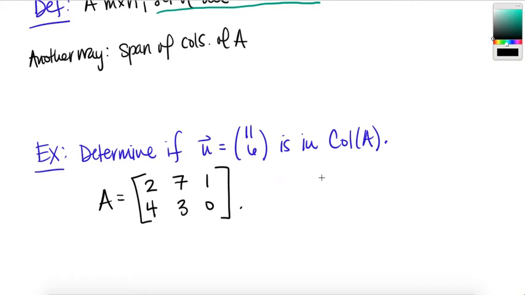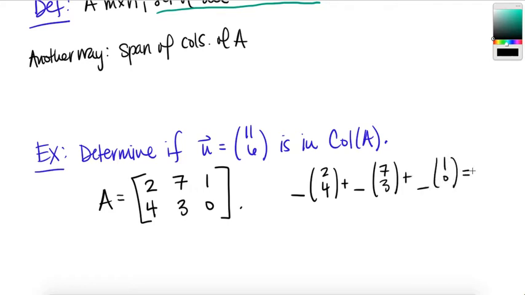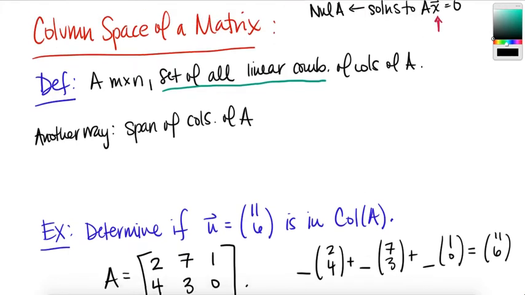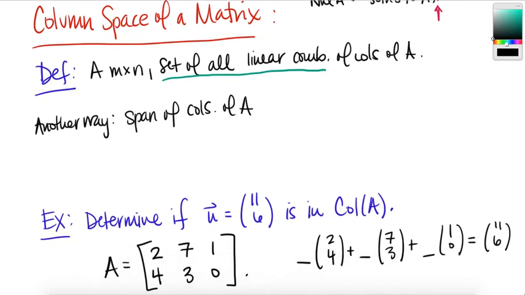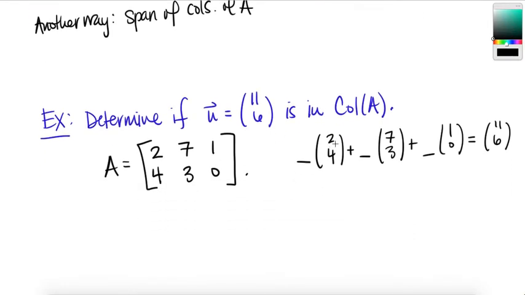So what we want to know is, is there a solution to this equation? Can we fill in these blanks and end up with (11, 6)? So in null space is the solutions, but in column space is not the solution, because the solution is the things that you find to go here. So the column space is sort of the b on the other side.